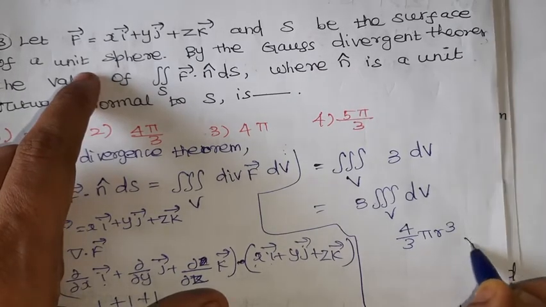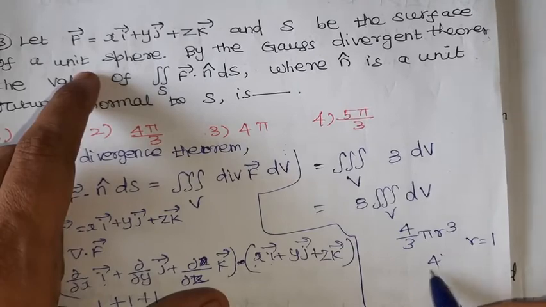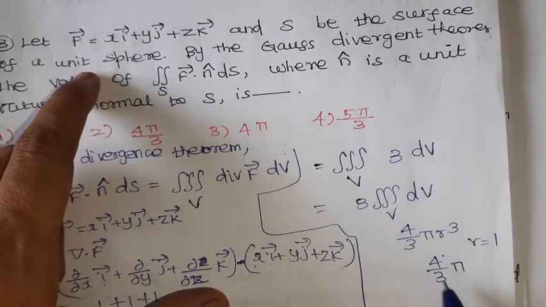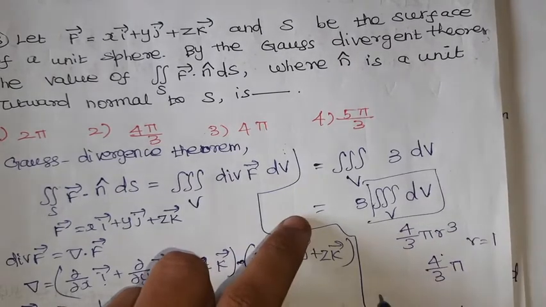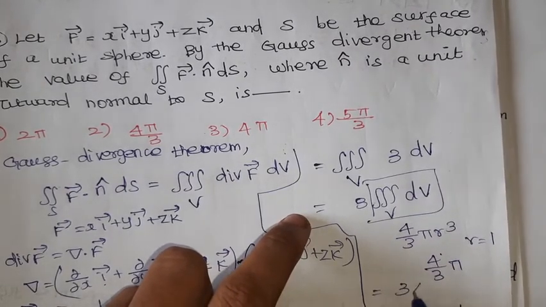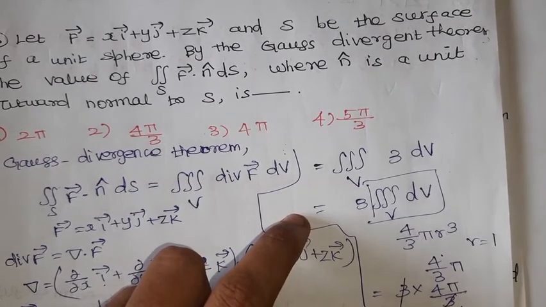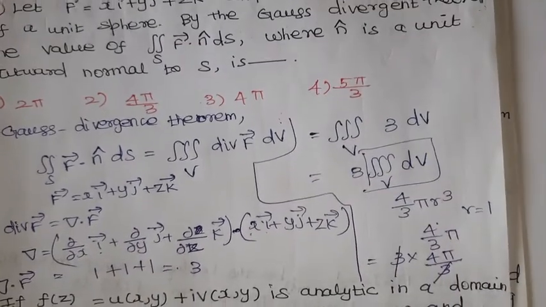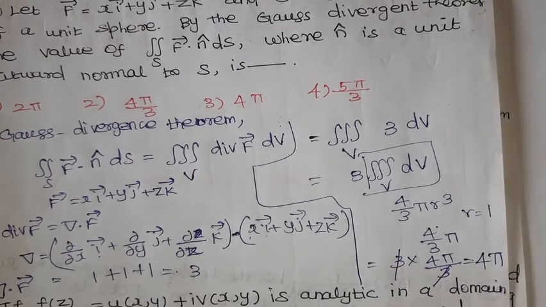So substituting r equal to 1, 1 cubed is 1, so the volume is 4 by 3 into pi. Substituting 4 pi by 3 in place of this term, the 3 and 3 cancel. We get 4 pi. So the answer is 4 pi.